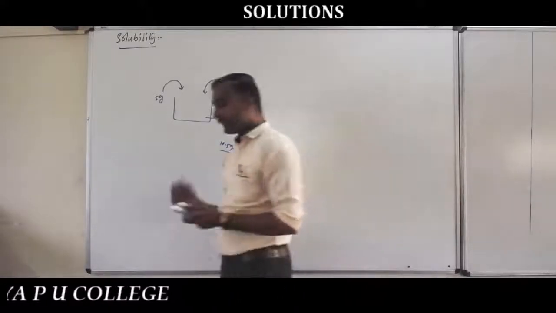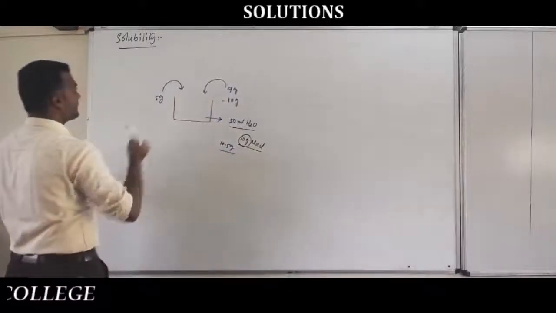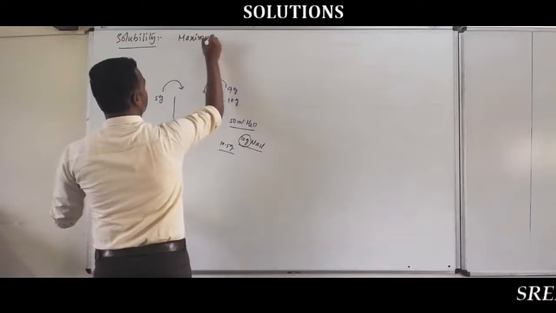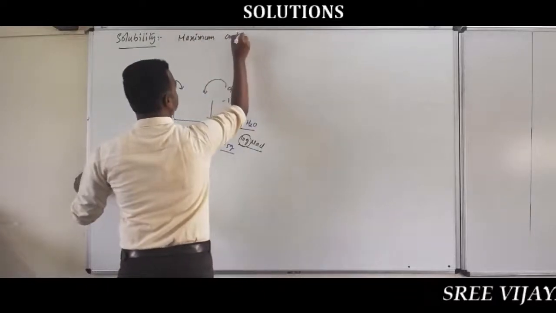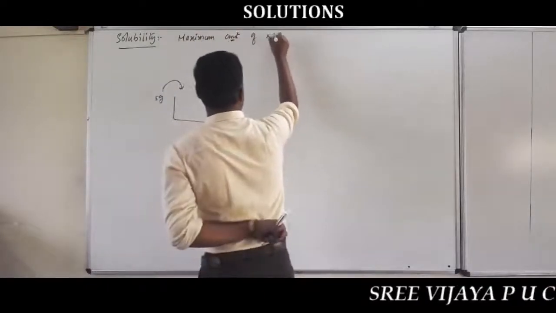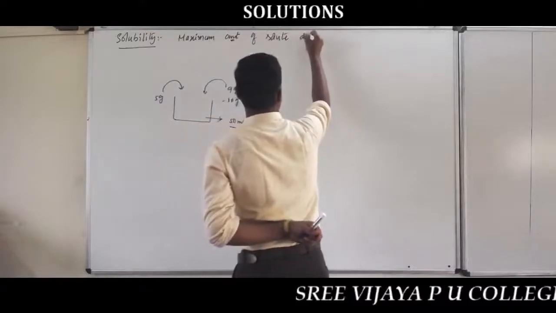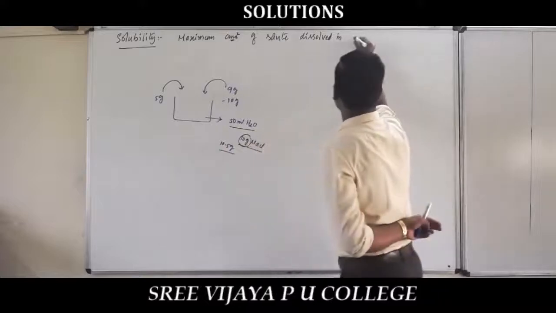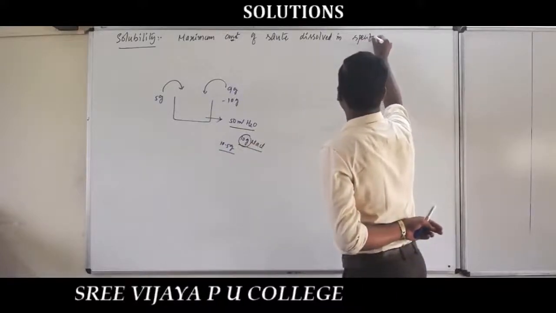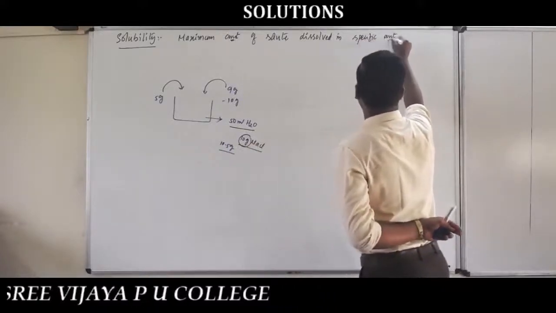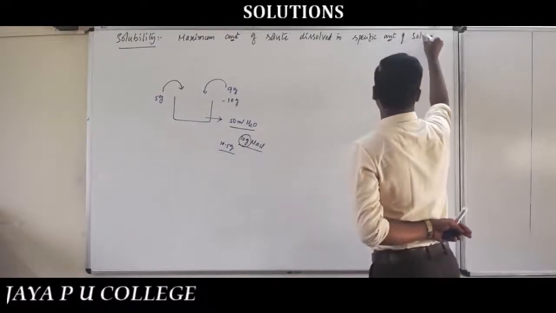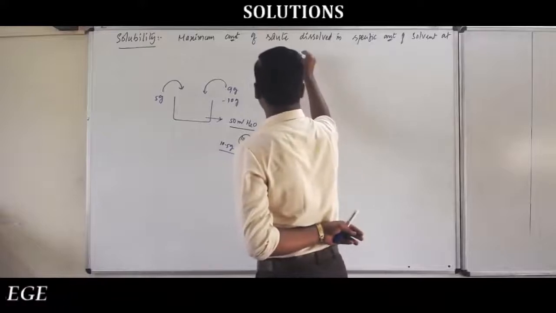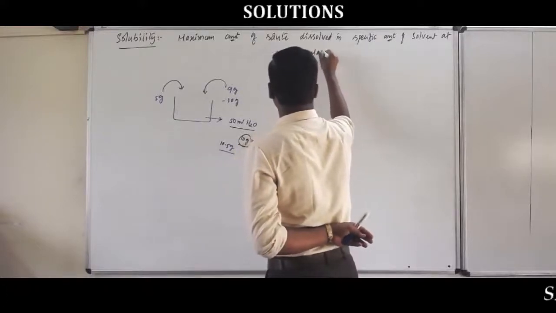Now, how to define the solubility? Solubility is the maximum amount of solute dissolved in a specific amount of solvent at a particular temperature or specific temperature.